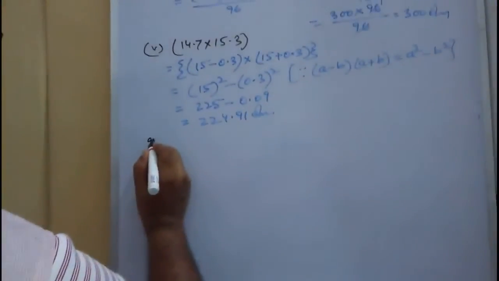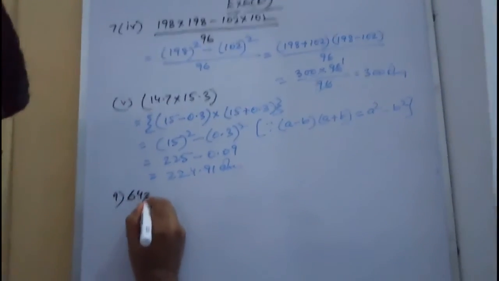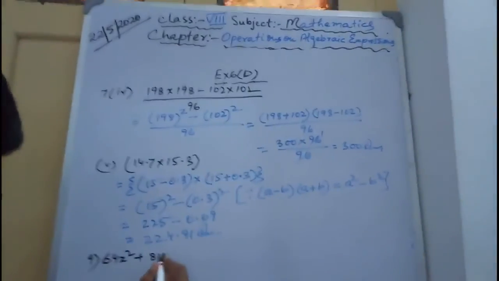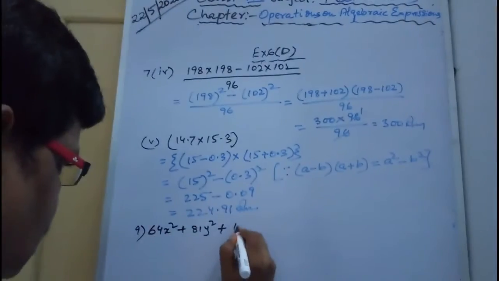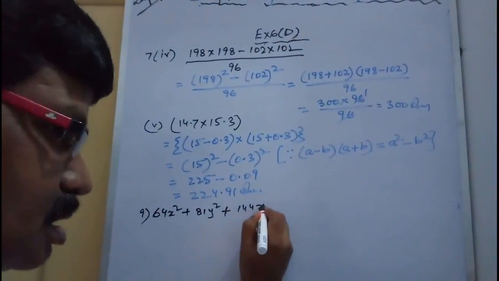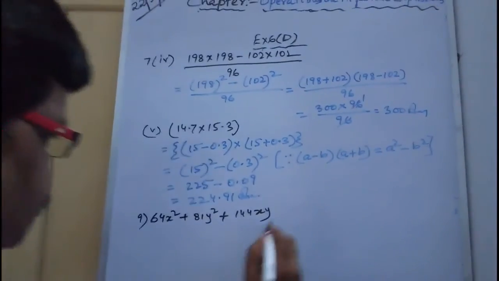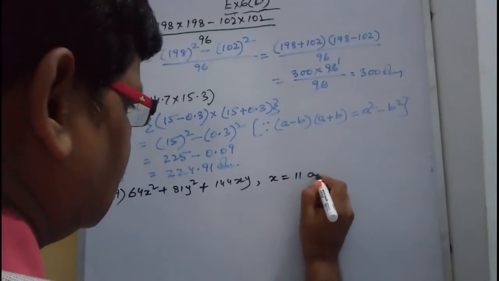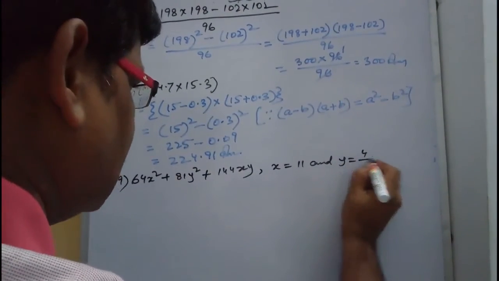Question number 9. 64 x square plus 81 y square plus 144 xy, where x equal to 11 and y equal to 4/3.